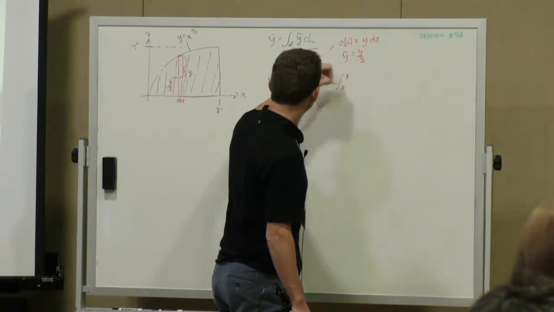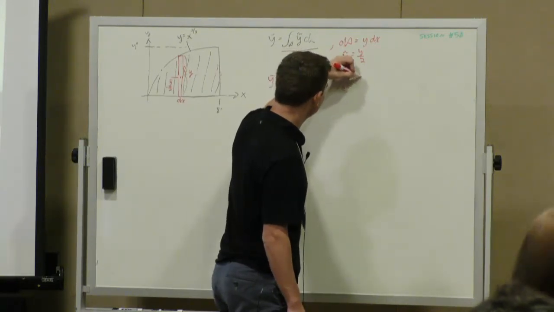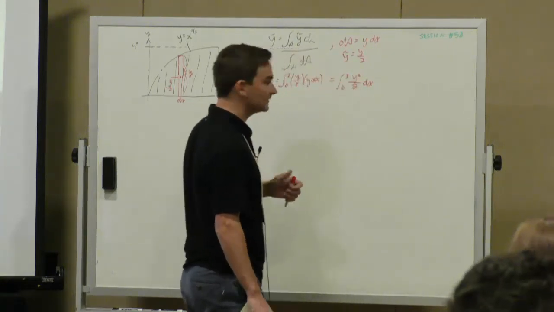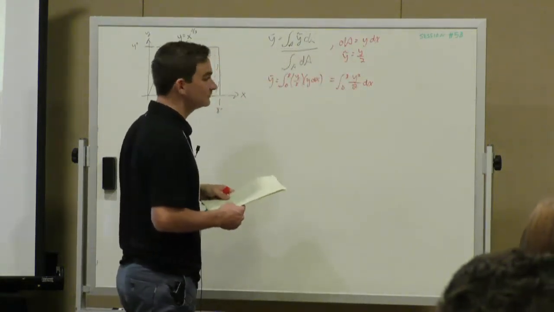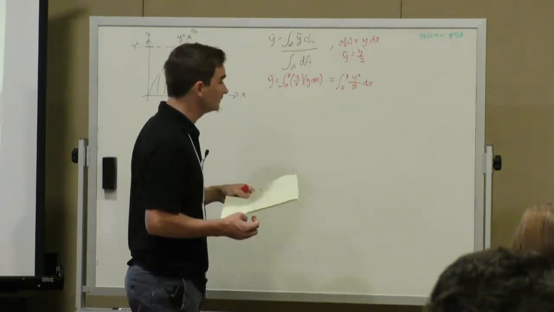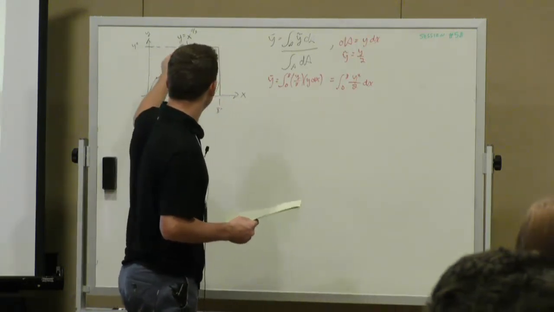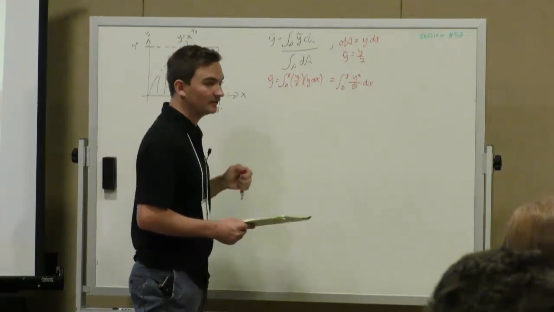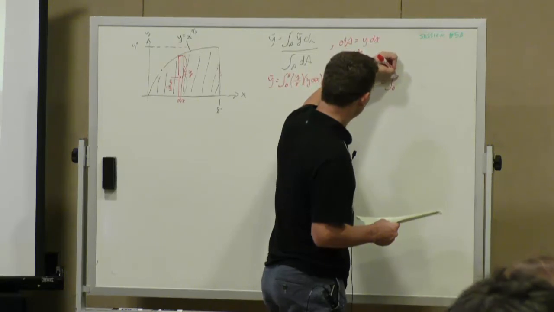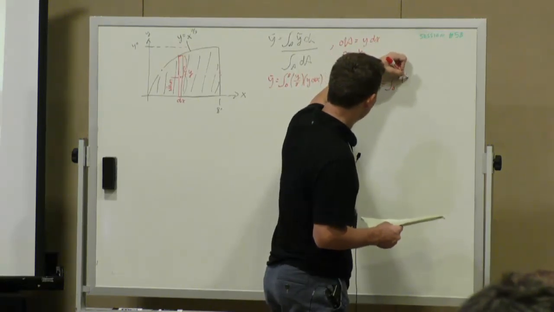0 to 8 is y squared over 2 dx. And what do we substitute for y? x to the 2/3. So we substitute this in, and then we square it. So 0 to 8, we have x.